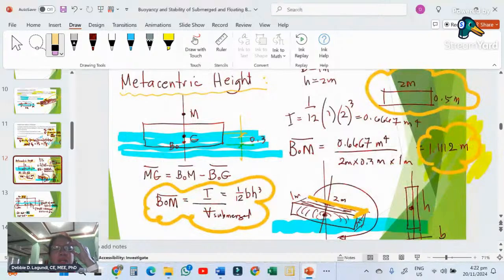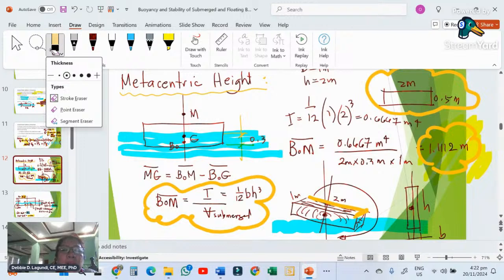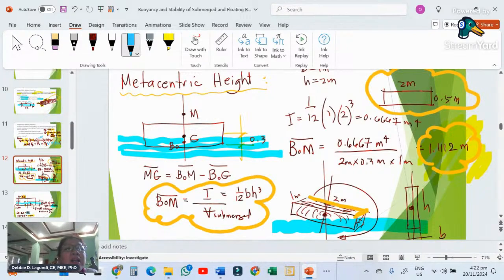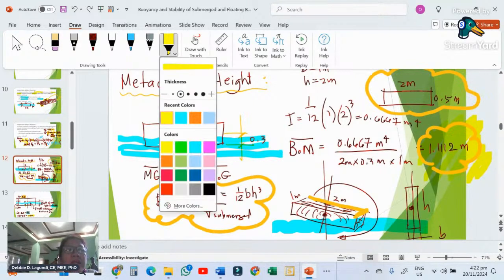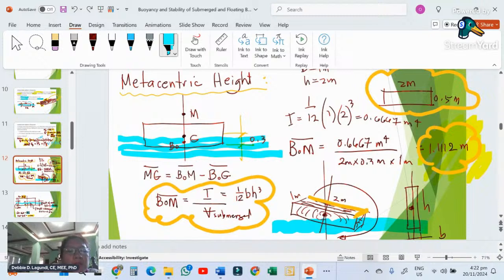For the metacentric height, I already illustrated that the height of submersion is 0.3. I'll just correct the height, though it's already there, so that the horizontal aligns with what I have on the illustration.